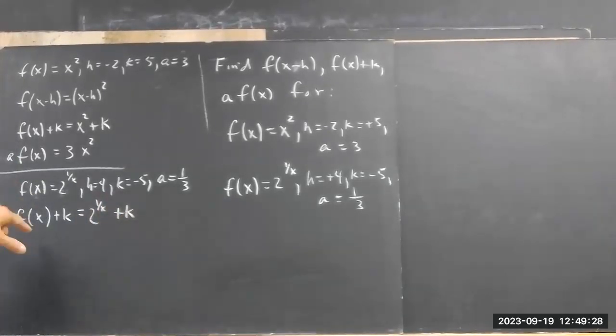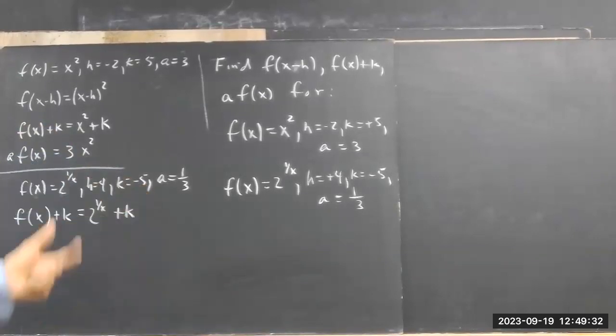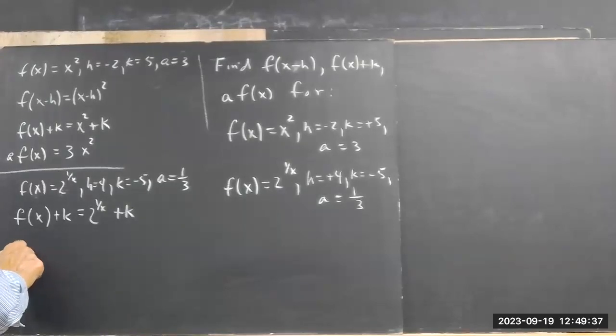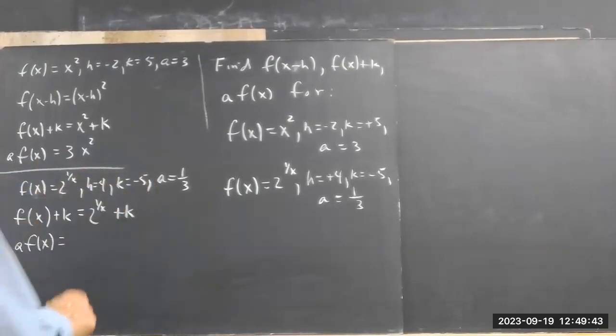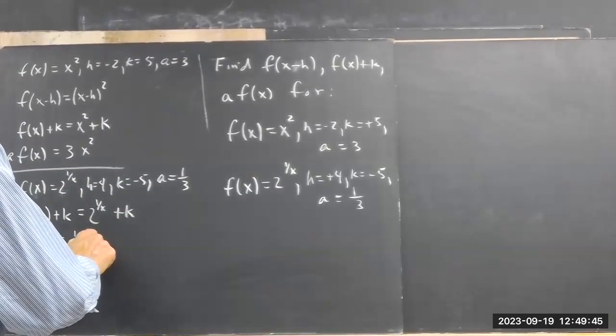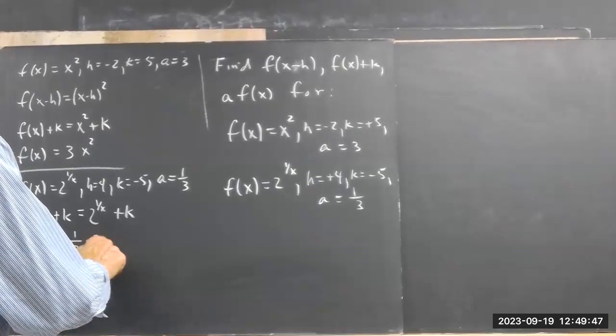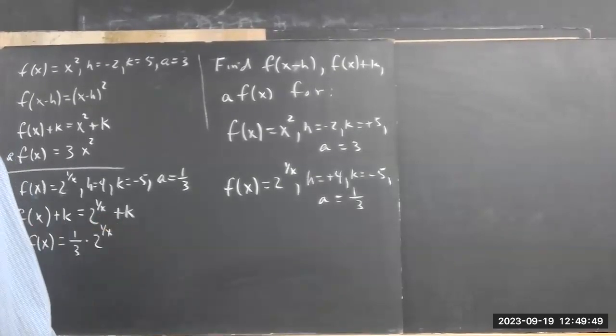Again, do f of x plus k. We just write out the formula for f of x and then do plus k. And a f of x equals, well, a is 1/3, so it's 1/3 times 2 to the 1 over x.